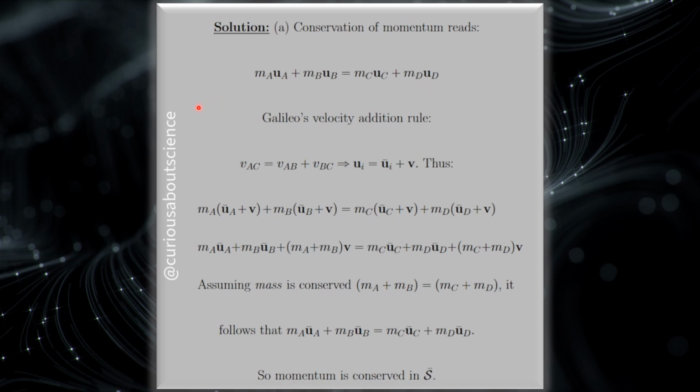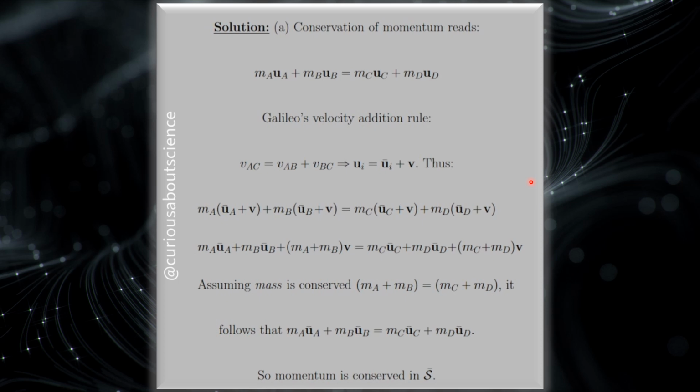Under Galileo's velocity addition rule, where v of A relative to C equals v of A relative to B plus v of B relative to C, we can set this up for anything with u_i, so we can index this. We're left with u_i equals u bar i plus v. V was the speed of the reference frame shifting, and u_i was the speed in that reference frame. So u_i is what we're looking at as an observer.